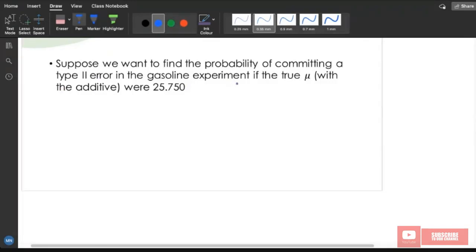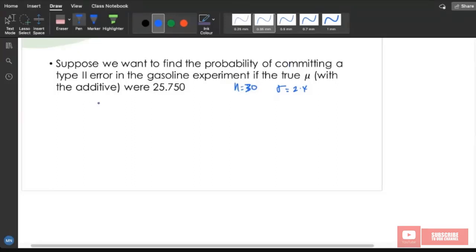We should have n equal to 30. This is the question continued from the previous example, and then we have sigma equal to 2.4. This is from a previous example, right?